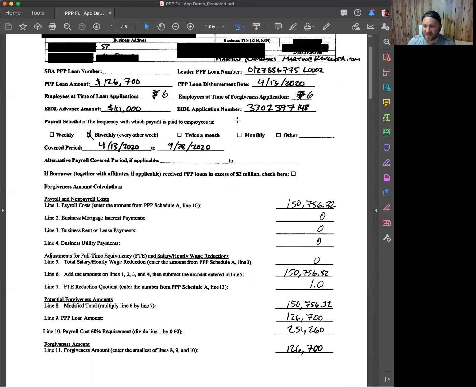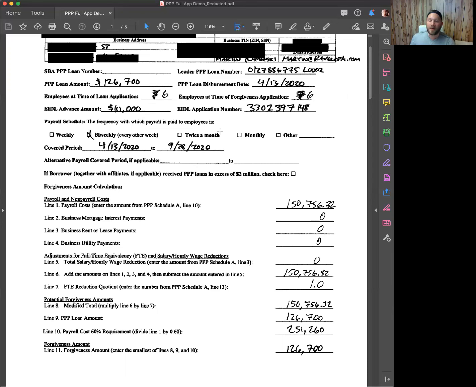Hopefully you saved a picture of that, and that's the loan number you're going to put there. If you didn't, you can either log into the SBA site where you applied if you have login credentials, or you can look at paperwork from the SBA regarding your EIDL loan. That'll show the number on it as well. But in any case, one way or another, you should have that number filled in on this line.